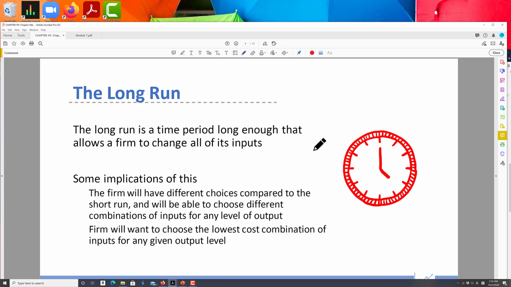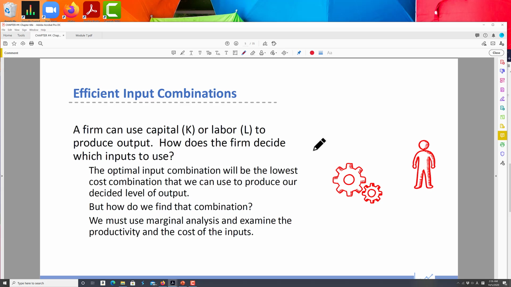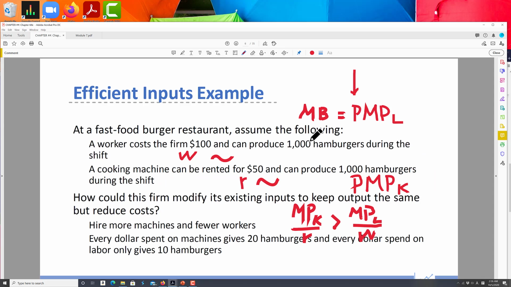So it all depends on the industry in question. So how do these firms use an efficient combination of capital and labor inputs? How do we find the equilibrium or cost-efficient input combinations?